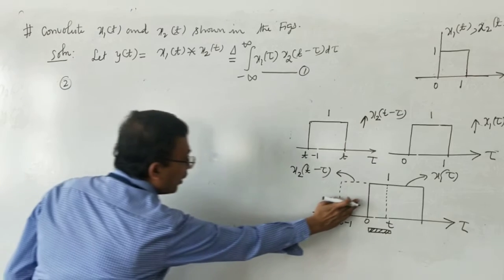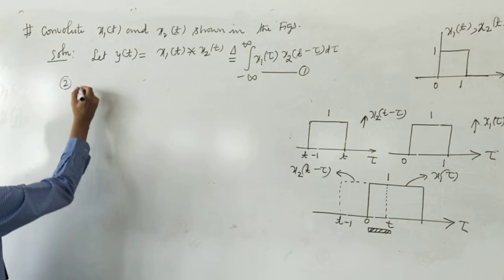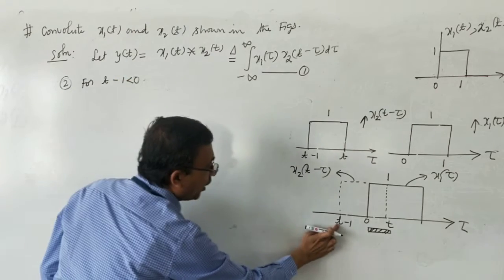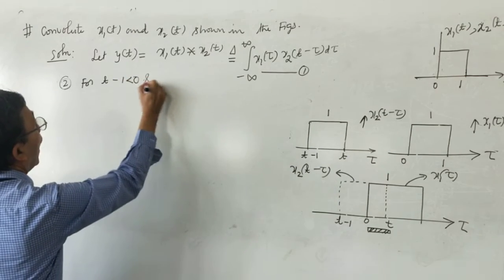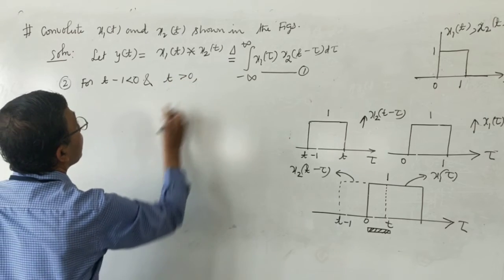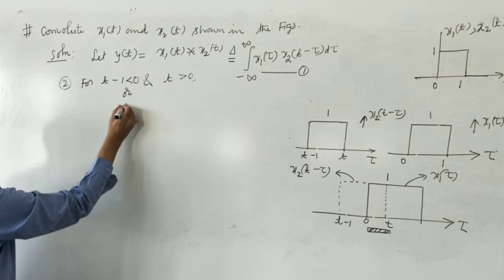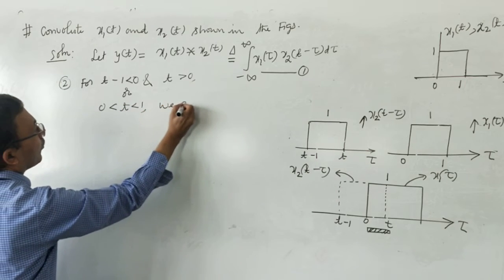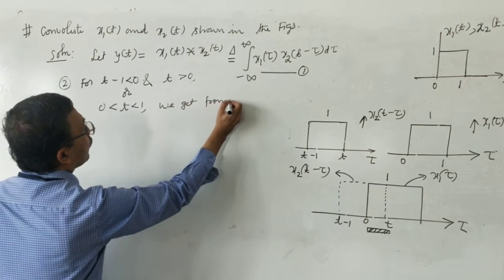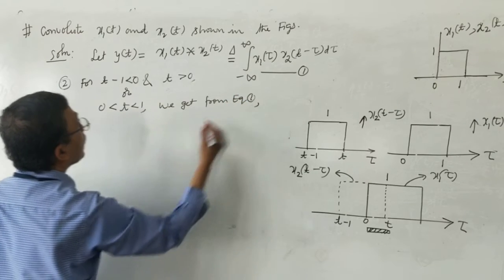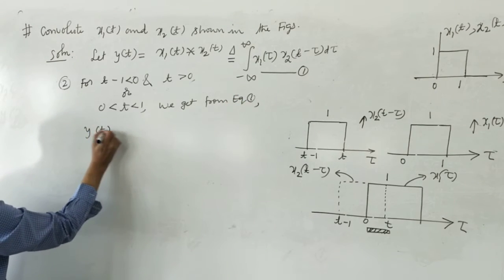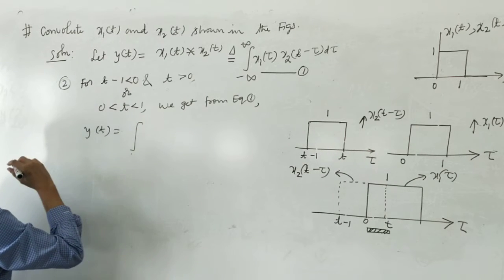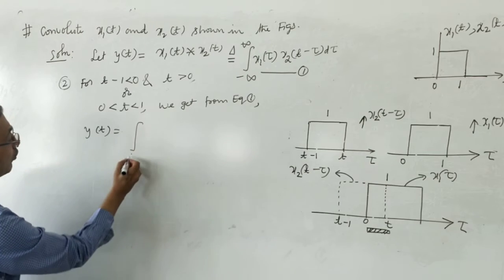So from this figure, I am going to write the condition: t minus 1 less than 0 and t greater than 0, or t greater than 0 and less than 1. We get from equation 1, y of t equals the integral with limits 0 to t.